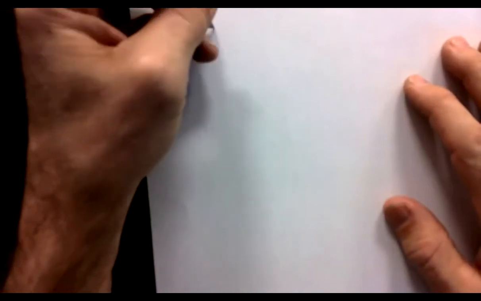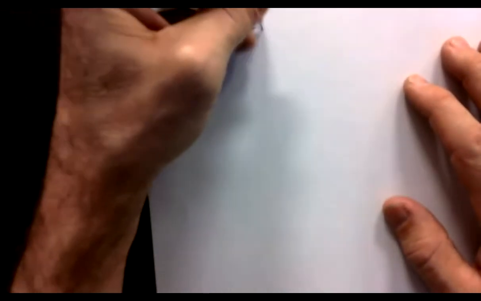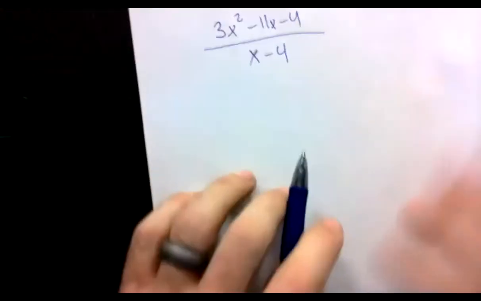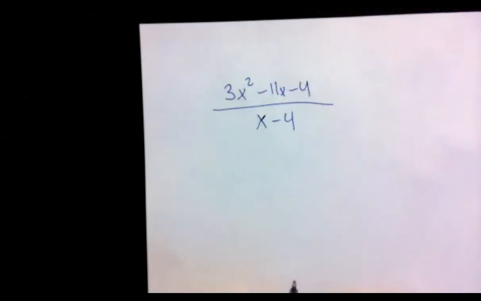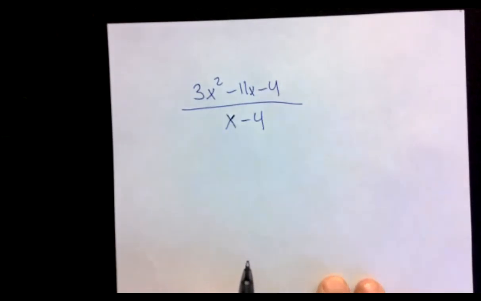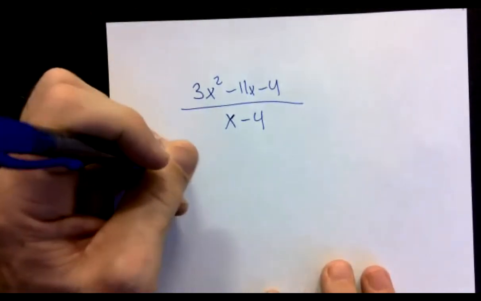Let's do another example of that. Okay, so we're going to do 3x squared minus 11x minus 4 over x minus 4.